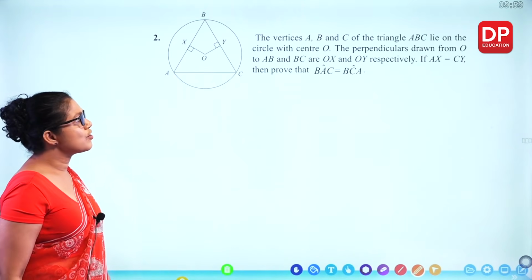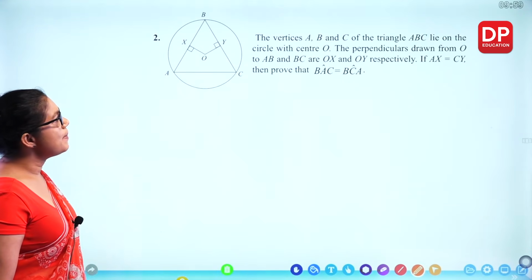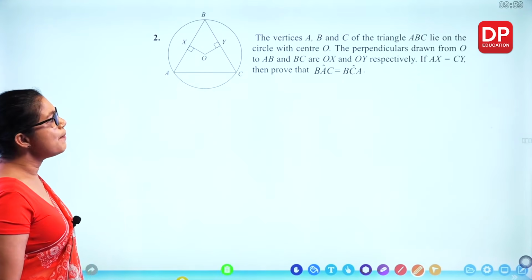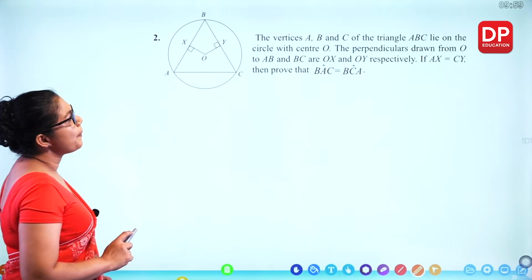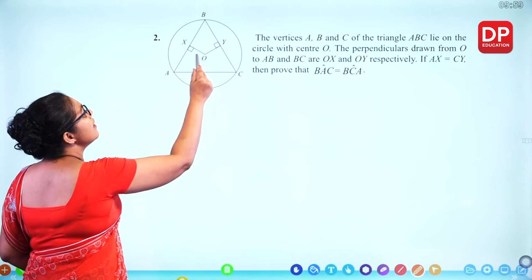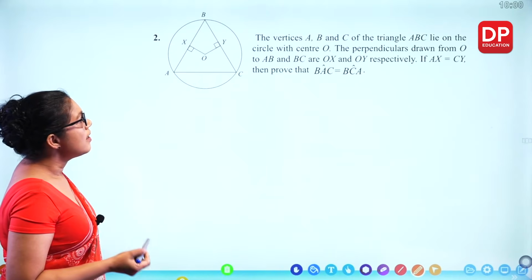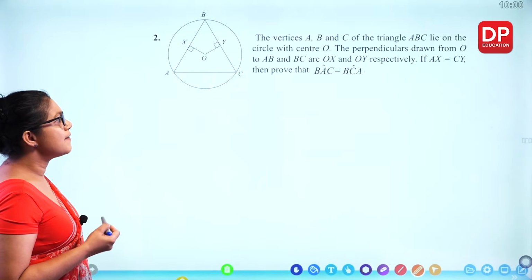Now we'll look at question number 2. So in this diagram it says vertices A, B, C of the triangle ABC lie on the circle with center O. The perpendiculars drawn from O to AB and BC are OX and OY respectively.